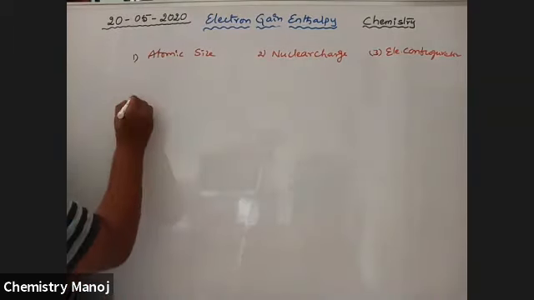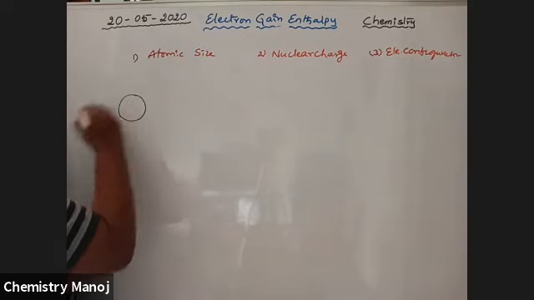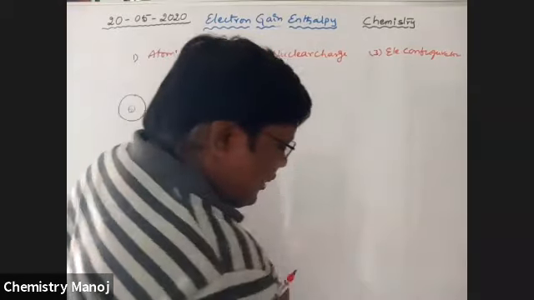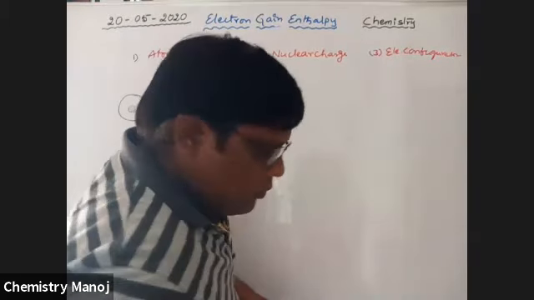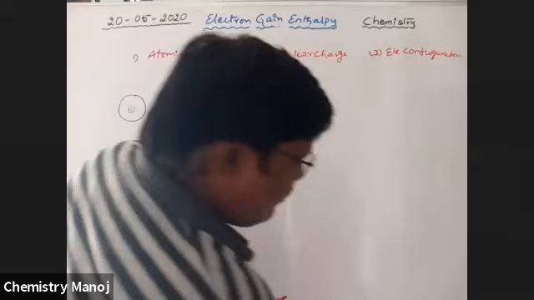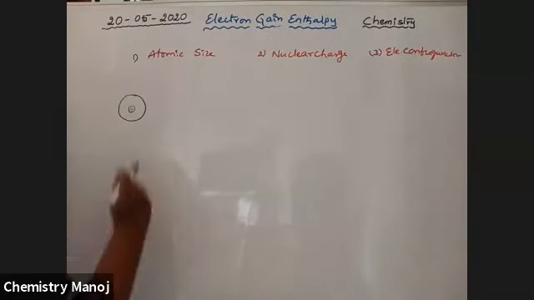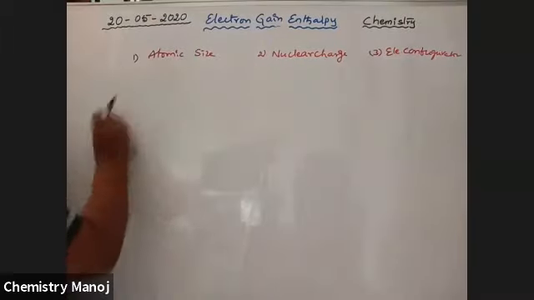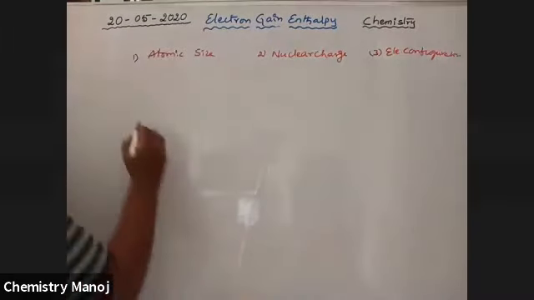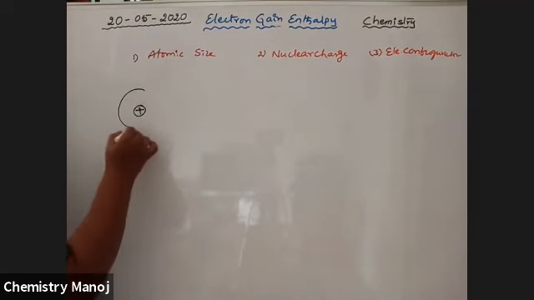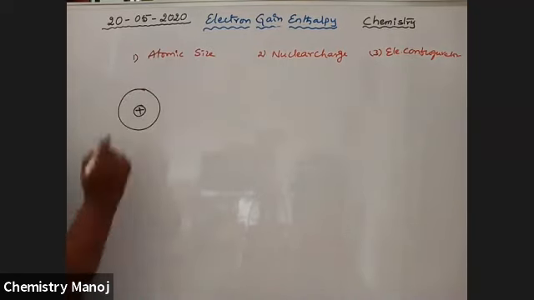Atomic size. Let us take two atoms. This is one atom having this much size. This is the nucleus of the atom, and this is the outermost orbit.